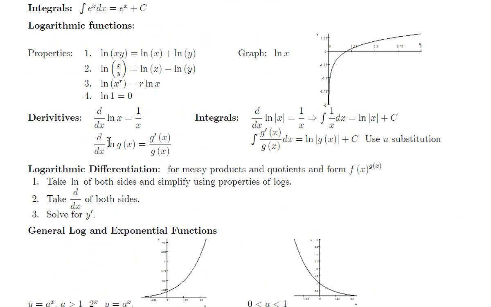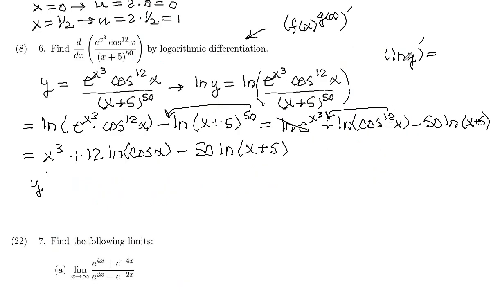They're right there. Log of a function is function on the bottom, derivative on the top, g prime over g. So that's what we're doing here. So y is a function, so the function goes on the bottom, its derivative on the top, y prime over y. So the derivative of this left-hand side is y prime over y.